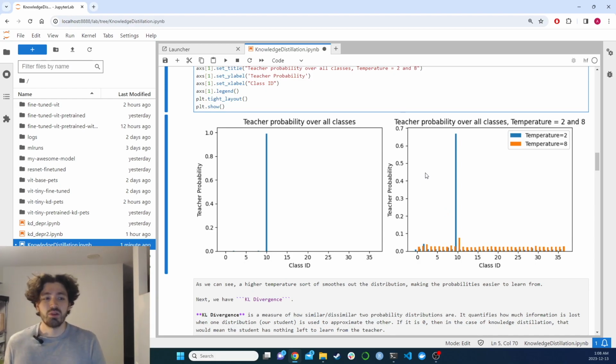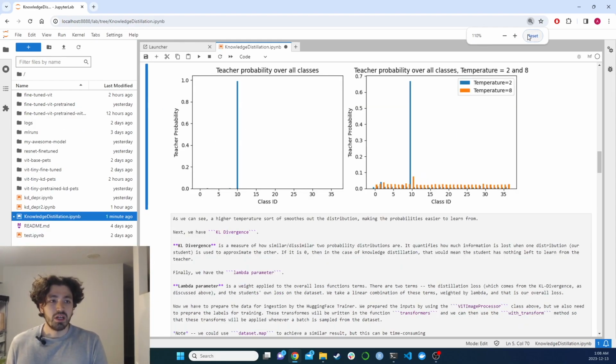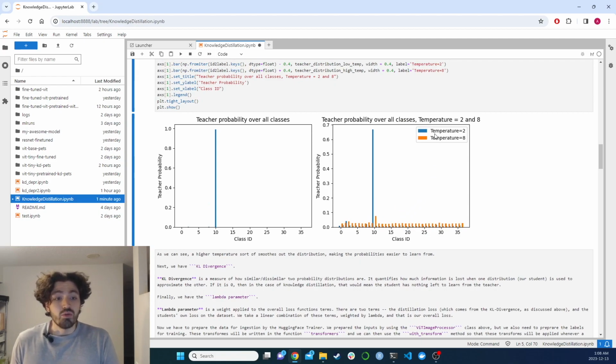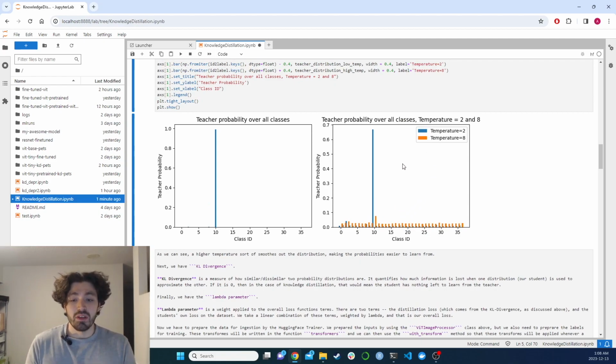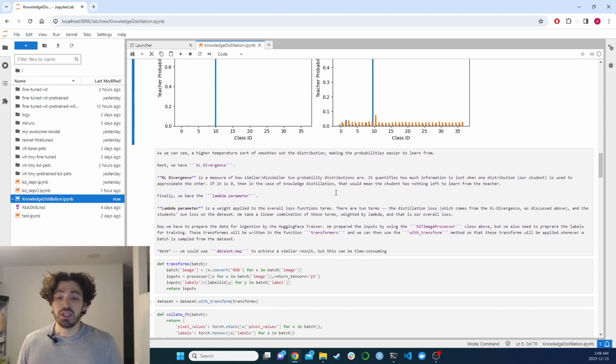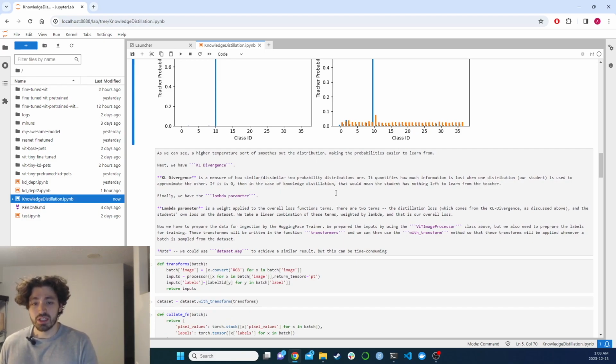So you don't necessarily want a high temperature all the time. It really depends on the size of the data set, the number of classes, things like that. But yeah, we apply this temperature to kind of smooth out the distribution. So the blue one, you can see, is much higher than it was in the initial one before we applied any transformation. Now, the second thing we need to know is KL divergence, which is a measure of similarity between two distributions.